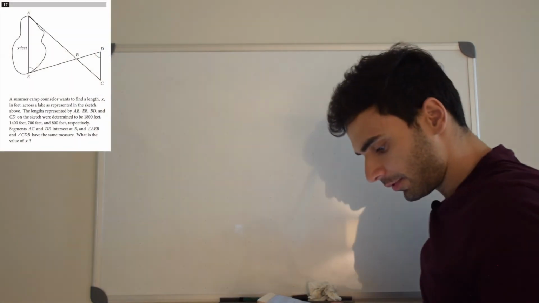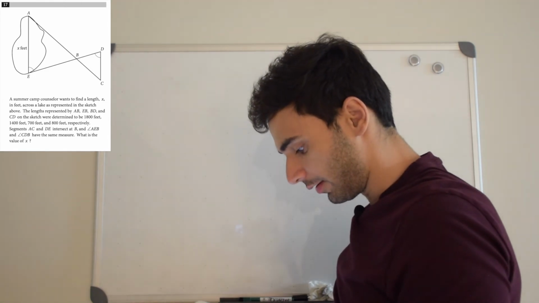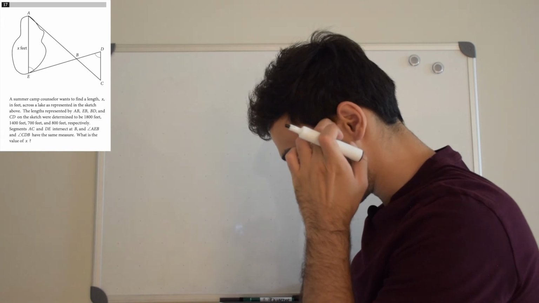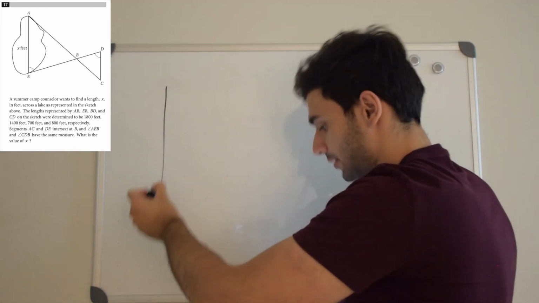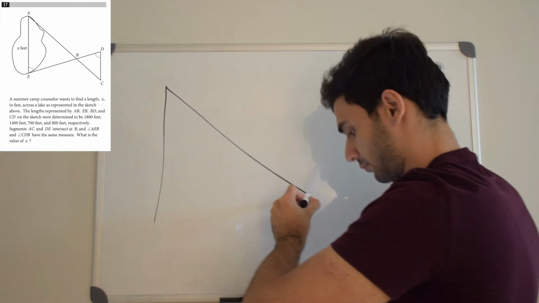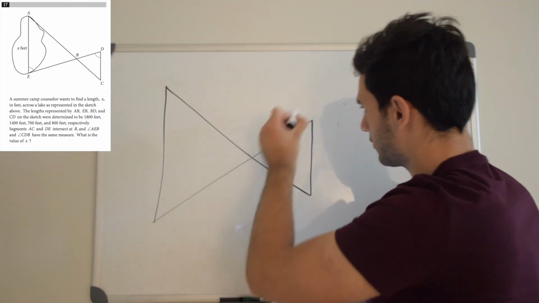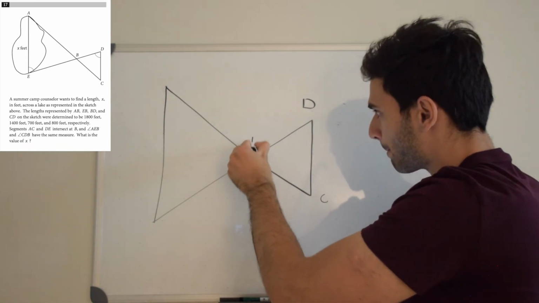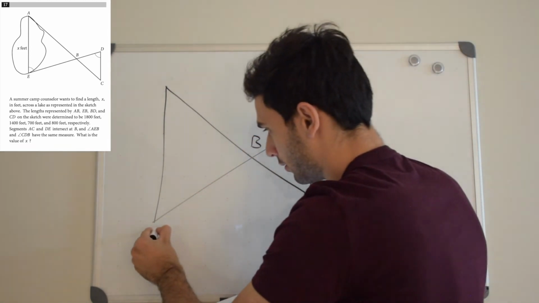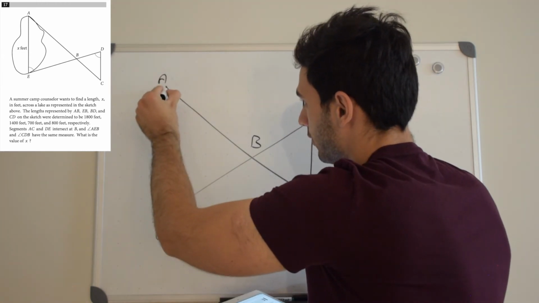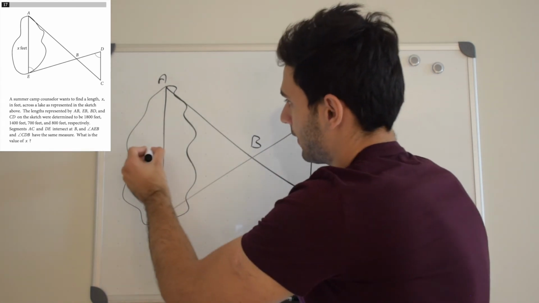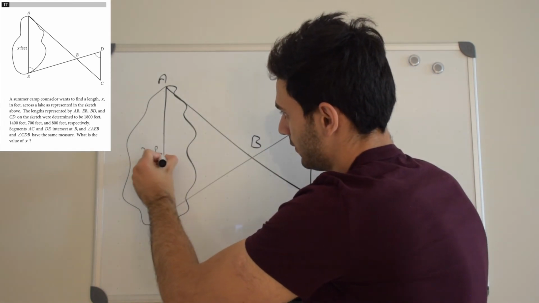Question 17. A summer camp counselor wants to find a length x in feet across a lake represented in the sketch. So that's the sketch right here: D, C, B, E, and A. And here is the lake. And that's x in feet.